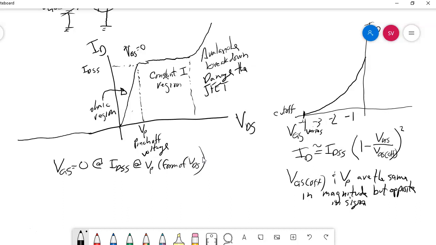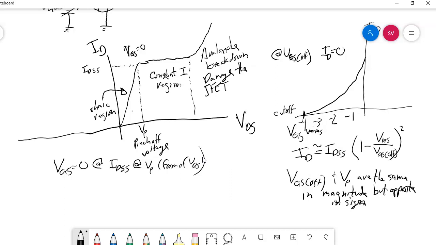So right here, notice when we're at VGS cutoff of minus 4 volts, since we're right on the x-axis, the Y component, which is drain current, there's no Y component if you're directly on the x-axis, so you have 0 drain current. So at VGS cutoff, your drain current is 0.